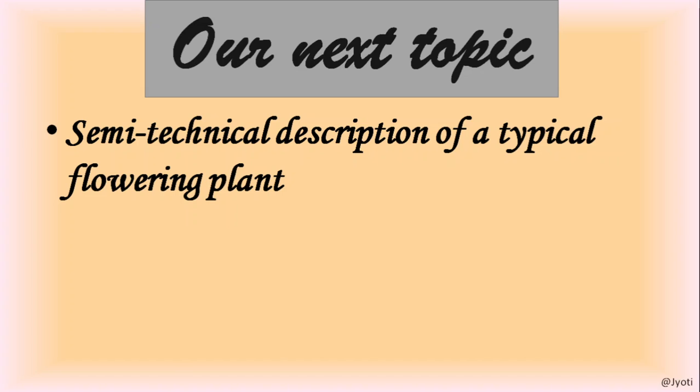So in the next session, we'll discuss the symbols used for different terminologies of the flower or different conditions of the flower. Then we will discuss how to write the floral formula, and from the floral formula how we can define or recognize a plant, or if the characters of the flower are given, how we can identify to which family this plant belongs.